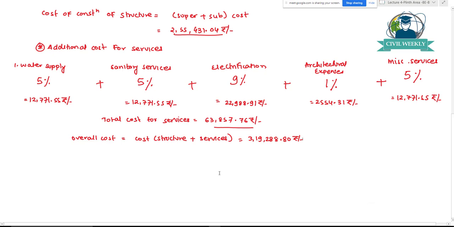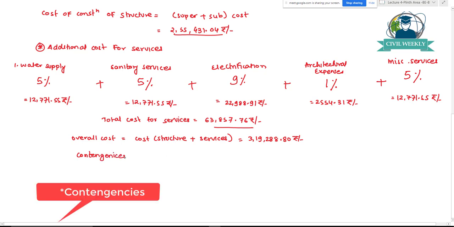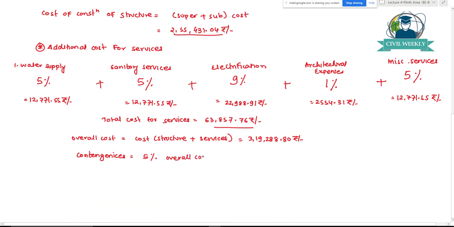So once this is done, the next thing is we'll have to add some cost for contingency. For contingency, we'll have to consider 5% of the overall cost. And for work charge establishment and tools and plants and machineries, we'll have to consider 10% of the overall cost.